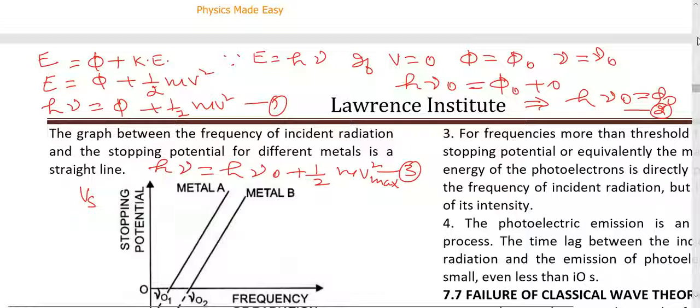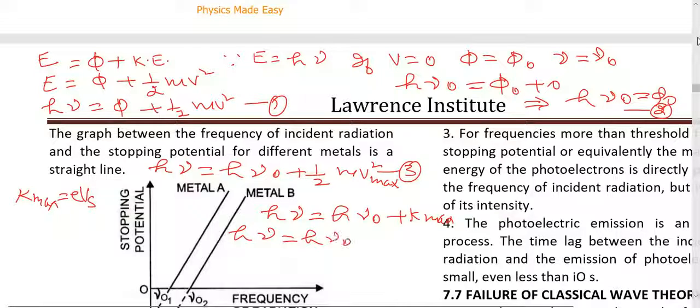So I can write the equation h nu is equal to h nu naught plus K max. Now K max, all of us know, is e Vs. So if I fill in this value, I get plus e Vs.